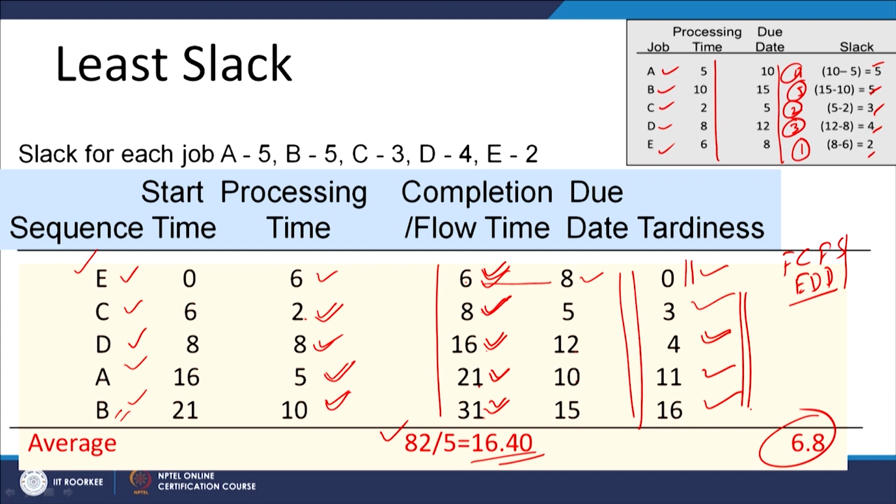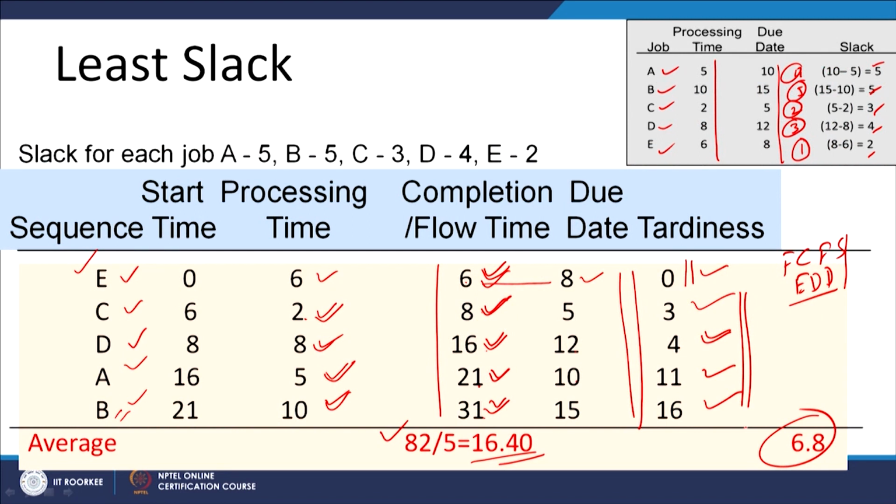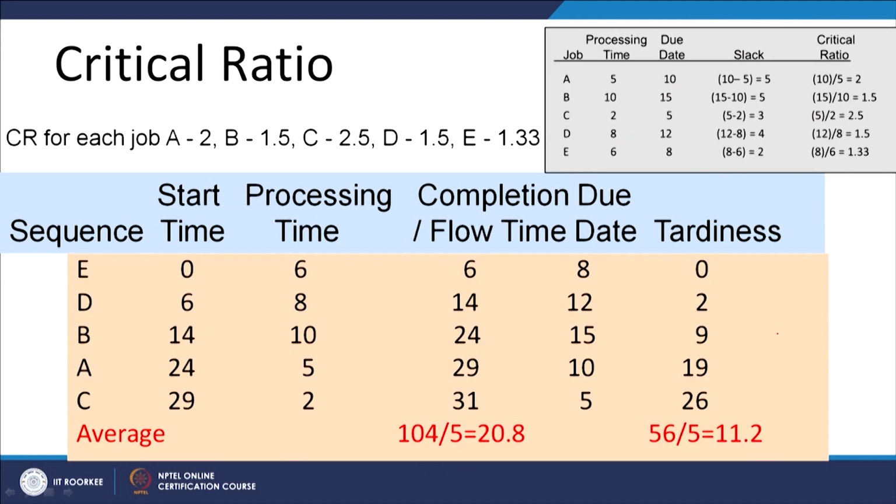Earlier, two jobs had no tardiness and the average tardiness was 5.6, and here it is 6.8, while the number of jobs which have crossed the due date is 4. So, this is not as good a rule as the earliest due date.